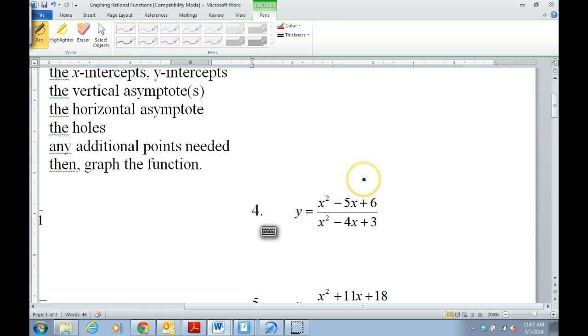This is actually on your homework sheet, number 4. I need to factor both top and bottom on this. So in this case, the top would be x minus 3 and x minus 2. On the bottom, it's going to be x minus 3 and x minus 1.